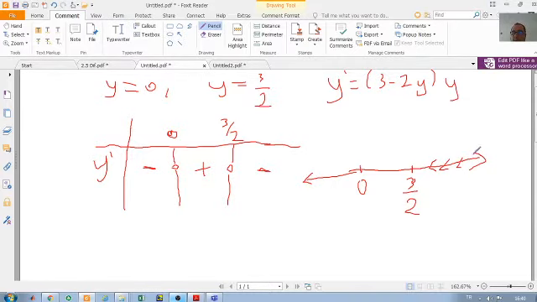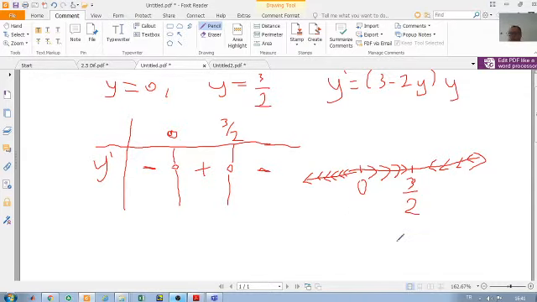Between 0 and 3 over 2 the direction will be in the positive side, and similarly for all values of y less than 0, the direction will be in the negative side.